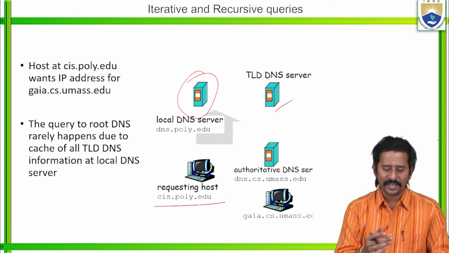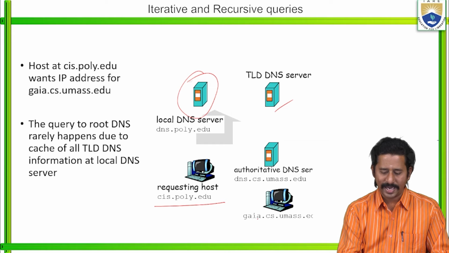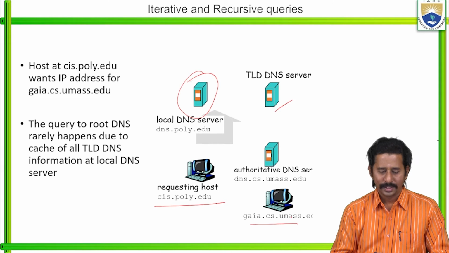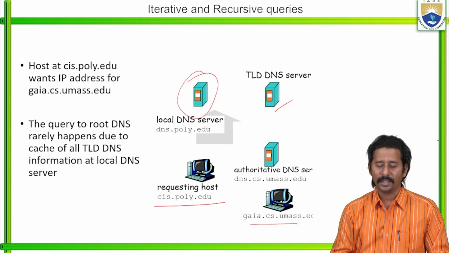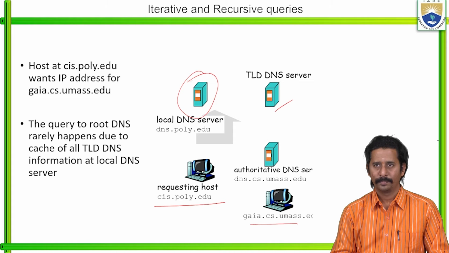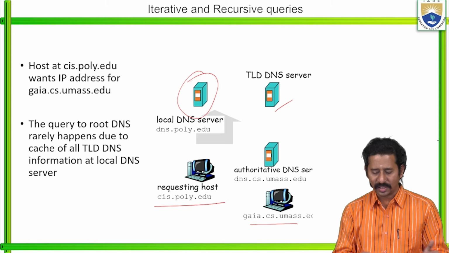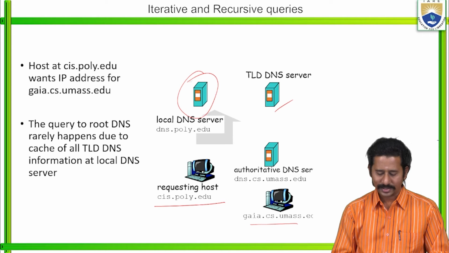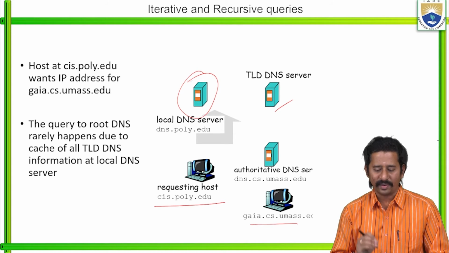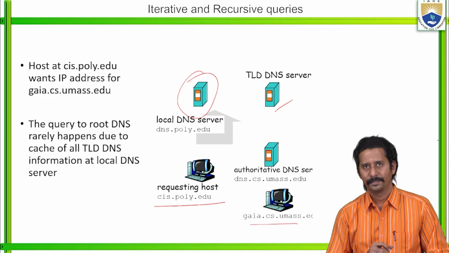So once IP address for gaia.cs.umass.edu. See what happens here. We don't know exactly the IP address of that particular server, but we just know the name of that particular server.